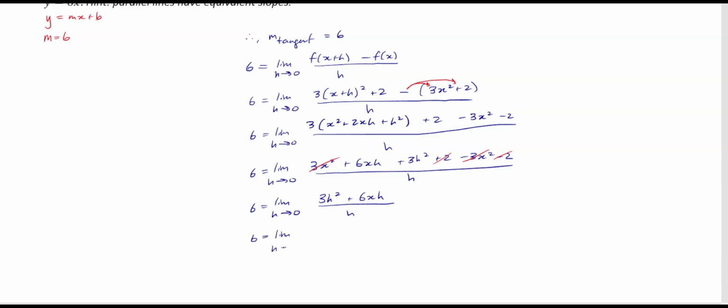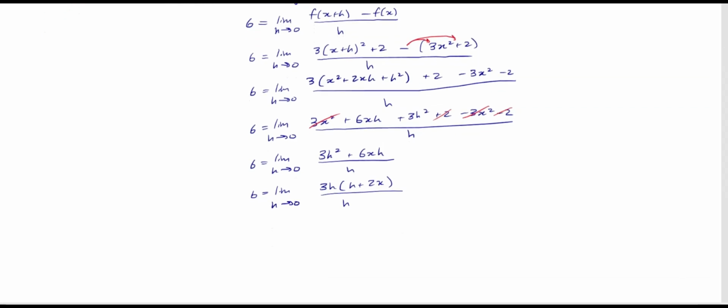Looking at the numerator, I can factor out a 3h. And then this allows me to cancel my h's. And I have 3h plus 2x. I no longer have an h in the denominator, so I can directly substitute h as 0.